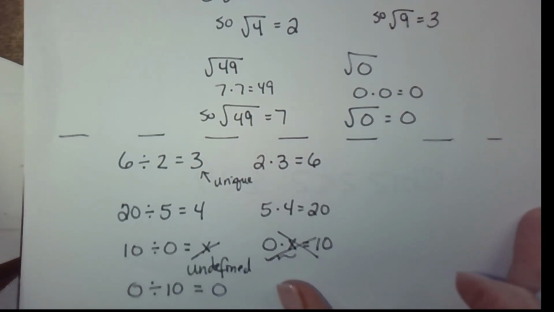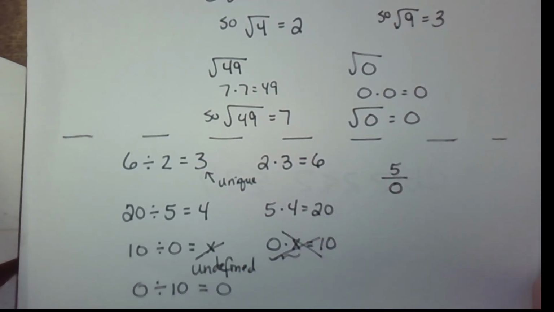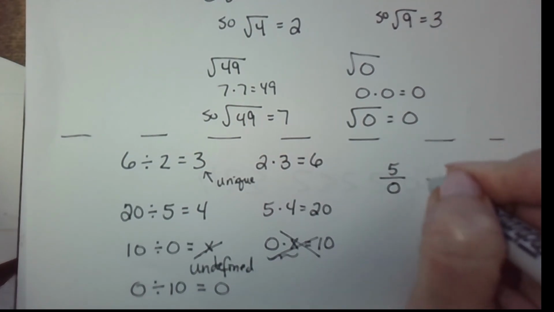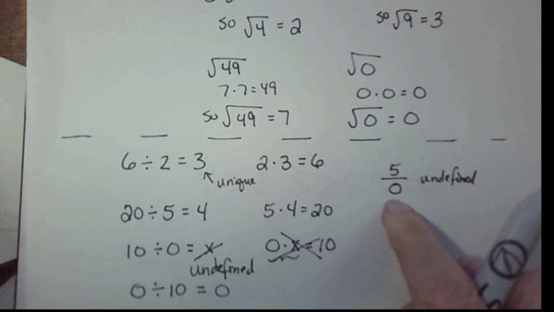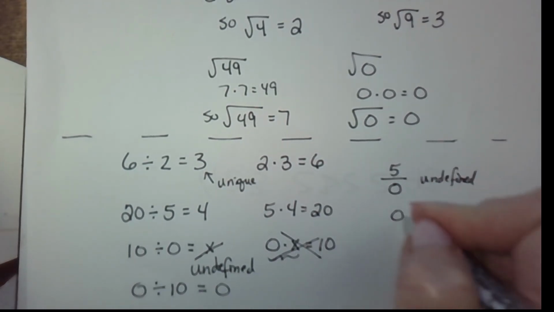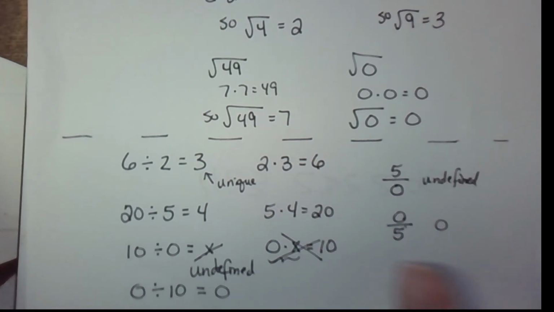If you were looking at it in fraction form, if 0 is under the fraction line, that is undefined. Whereas if 0 were in the numerator of the fraction, 0 divided by 5, that would be 0. So this is one of those things that's going to come up as we do the order of operations and work throughout the rest of the sections.